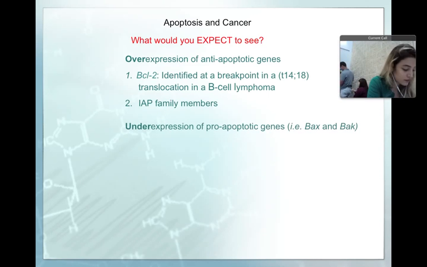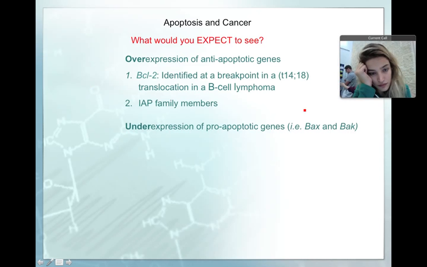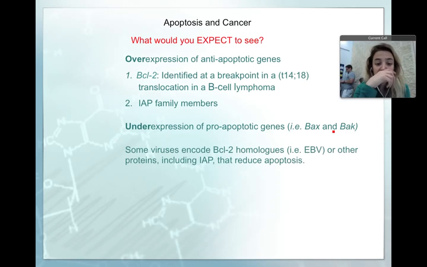Right? And you would expect a loss of expression, or at least a loss of activity, of the pro-apoptotic genes like BAX and BAK. You would completely expect that, right?